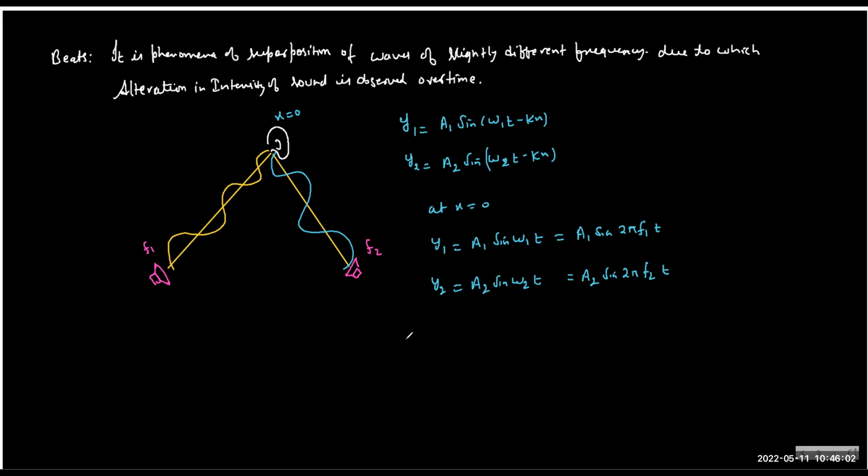So for mathematical convenience, we take A1 and A2 equal, let's call it A. Why did I write first A1, A2? Because you should remember that in beats, the amplitude has no restriction, it could be same or different. The only restriction is about the frequency, which must be different for the two sound notes to produce the concept of beats.